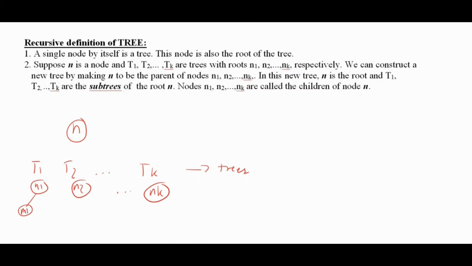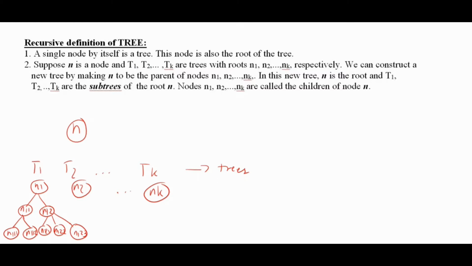Say this is n11, and another child node of n1 is n12, and then n12 has three children nodes. Say n121, and this is n122, and this is n123. And say this first node, n11, has two children nodes called n111, and the second child node is n112.